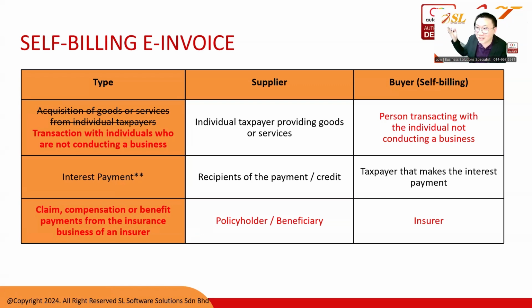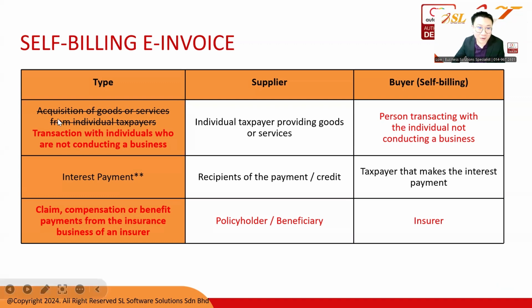The bank cannot ask all their staff to request invoices from all the businessmen and entrepreneurs. It is very time consuming and very costly for the bank also. That's why when the bank wants to pay you interest, they immediately pay you, but they will do the self-billing. This is how the idea works. And the last one, insurance also. Insurance claim: the insurance company pays you money, so immediately they will do the self-billing.